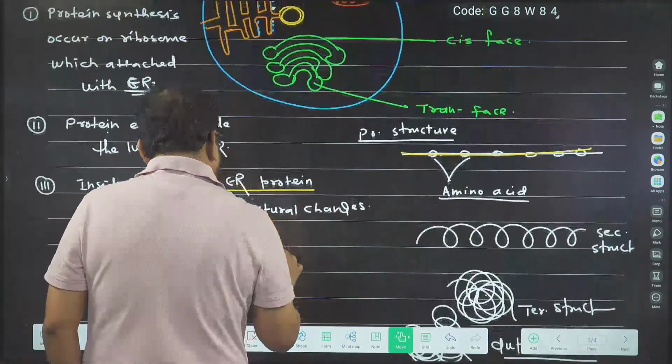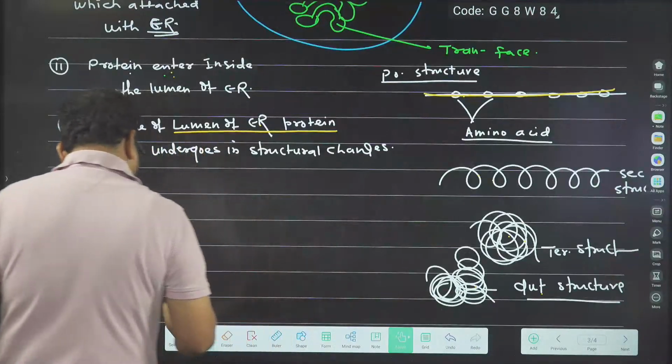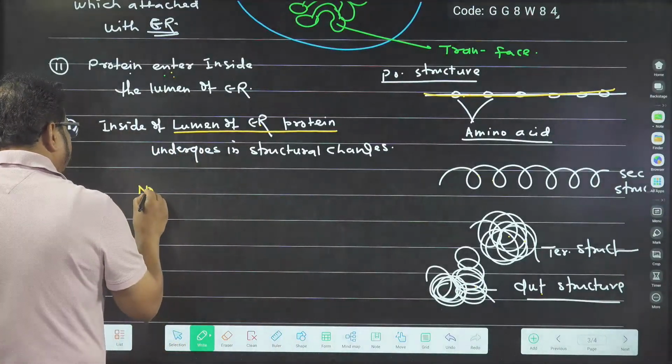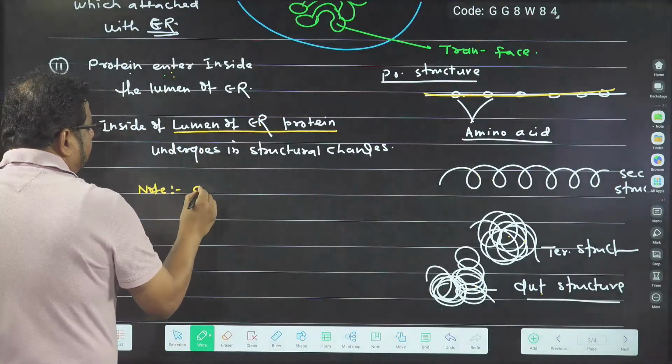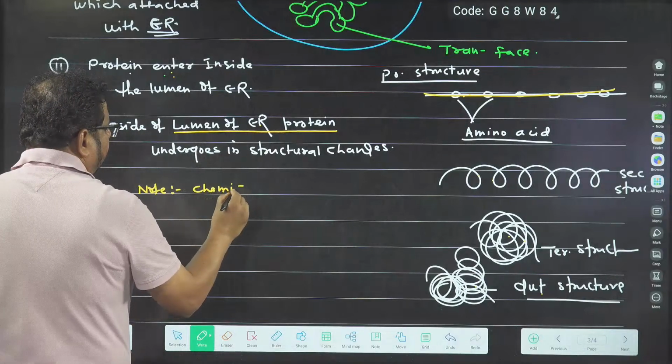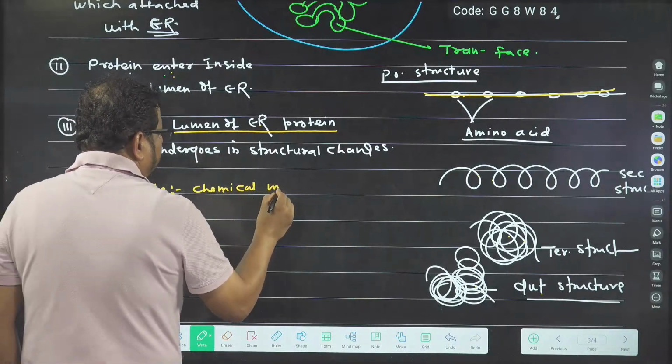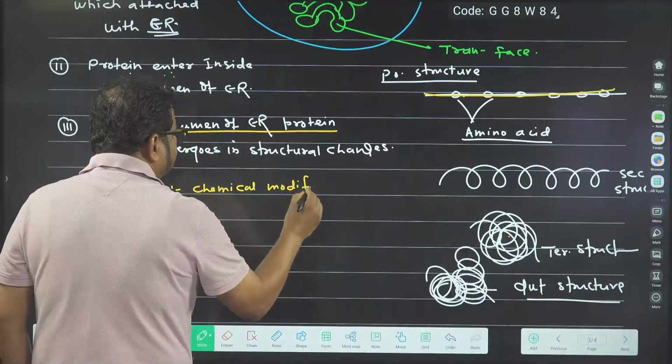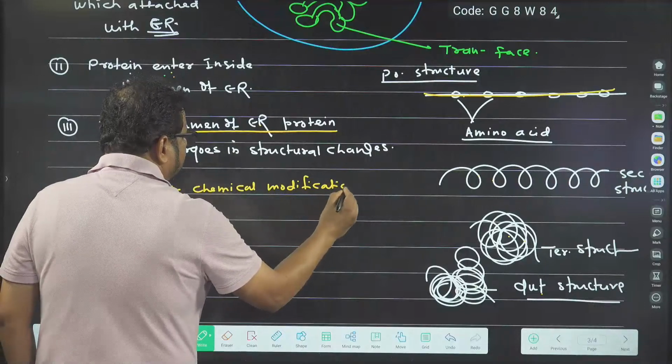Now what happened? After these structural changes, I am writing a note. Chemical modification may occur in the ER also. But the main area of chemical modification is what? The Golgi complex.